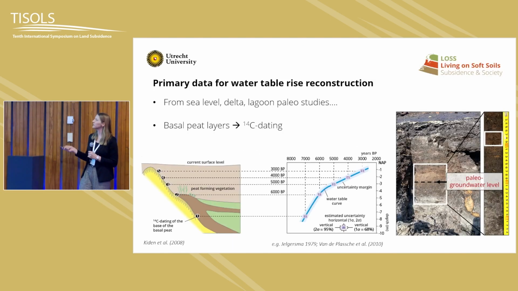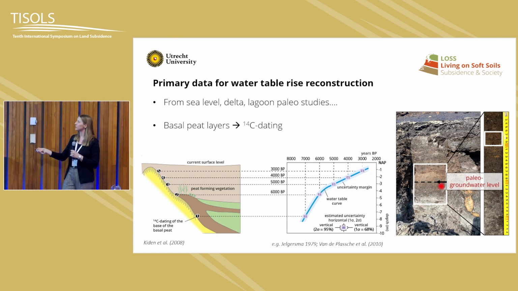Do you mean this part? You say the groundwater. The term for it is maybe a bit unclear. What I actually mean is the depth at which these water level indicators are found.